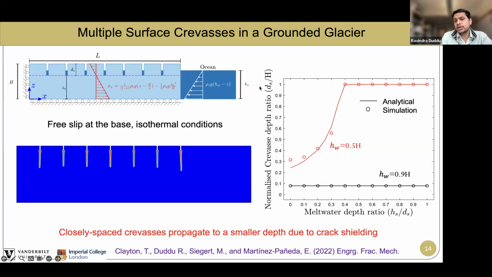But I haven't shown the zero seawater case, because in that case, what happens is some of these anomalies in fractures make it propagate all the way through, right? So that means that when the driving stress is really large, then the zero stress model generally doesn't seem to apply very well, even for closely spaced crevasses. And so that's why we haven't included that result in there.